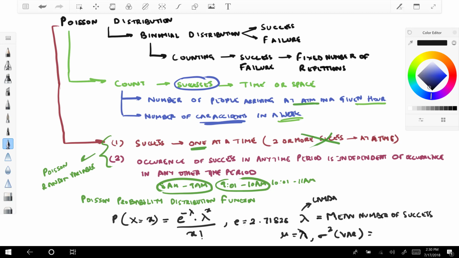So our mean and variance are both the same, lambda, in Poisson distribution. That means our standard deviation sigma would be the square root of lambda.